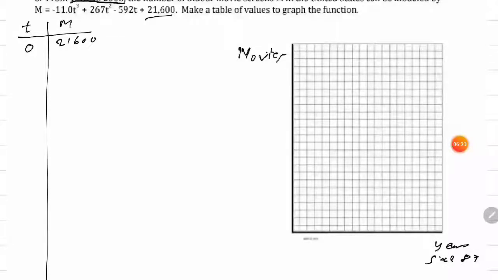And then I would use a calculator. If you're using one of the TI-30s, you can put this into your calculator: negative 11 times whatever your x value is, let's say 1, cubed, plus 267 times 1 squared, minus 592 times 1, plus 21,600.